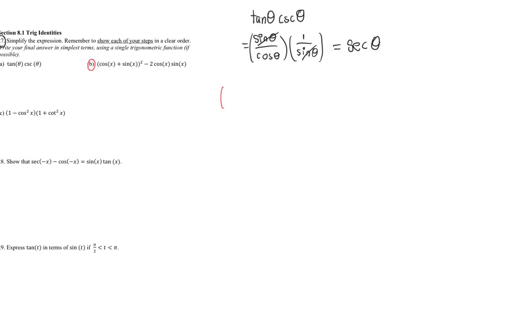Moving on to part B, we have cosine of x plus sine of x squared minus 2 cosine x sine of x.